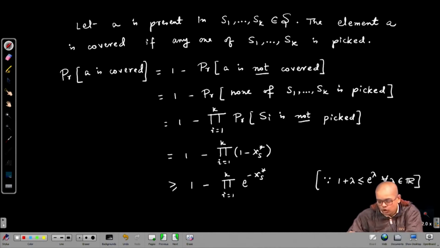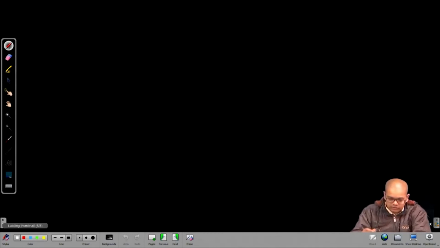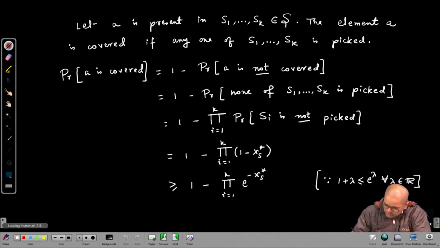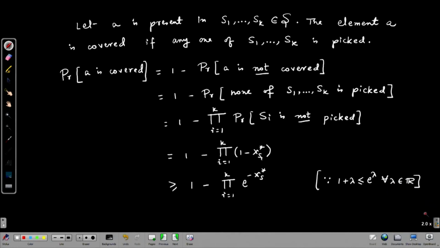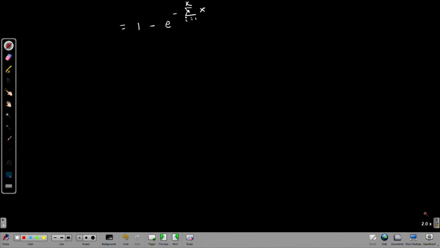So we apply this on minus x star of s. This is equal to 1 minus e to the power minus the sum, i equal to 1 to k, of x star of Si.